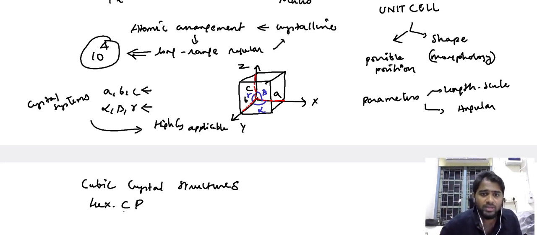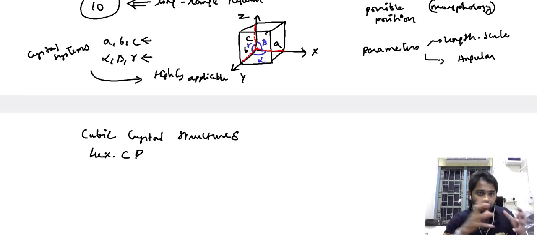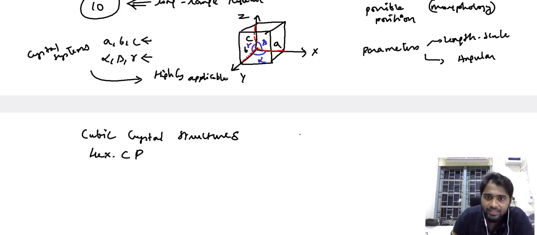Now, when you consider the cubic crystal structures or cubic crystal systems, the morphology of the cubic crystal systems is characterized by the equivalent nature of the lengthwise parameter and the equivalent nature of the angular parameter, which is equal to 90 degrees.